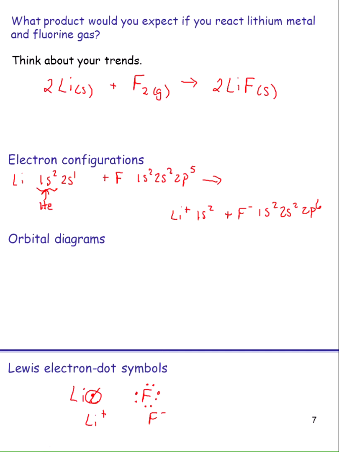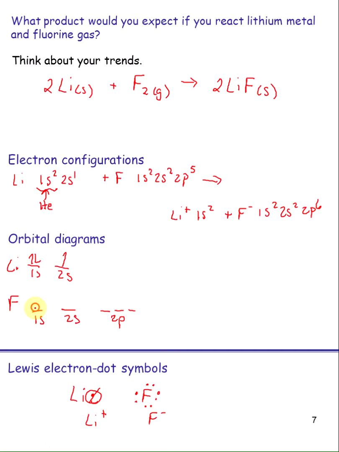And then if I want to show this using orbital diagrams, so the 1s and then the 2s, we're looking at lithium here, and we'll put fluorine down here at the bottom, so that's 1s, 2s, and then there are 3 p orbitals, so that's the 2p. So lithium, we said, has 1s2, so 2 electrons in the 1s and 1 electron in the 2s.